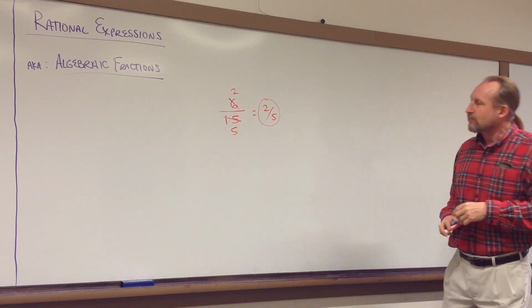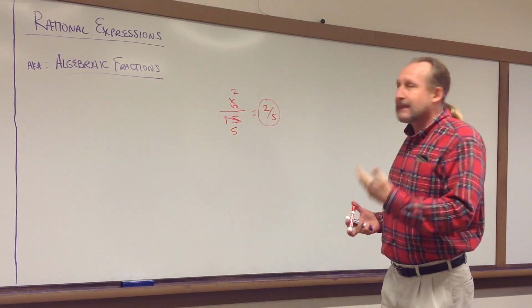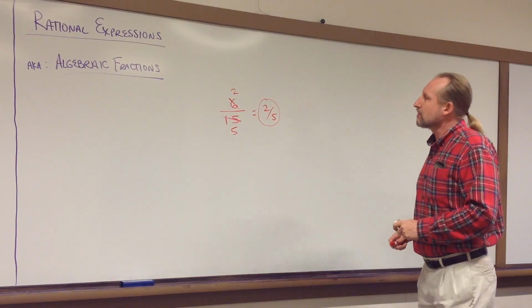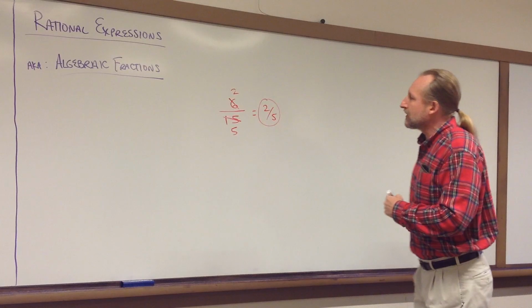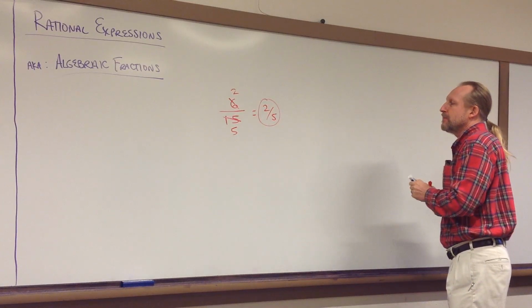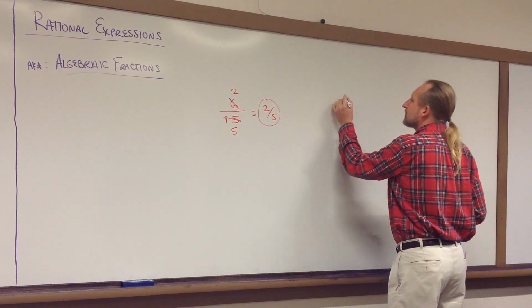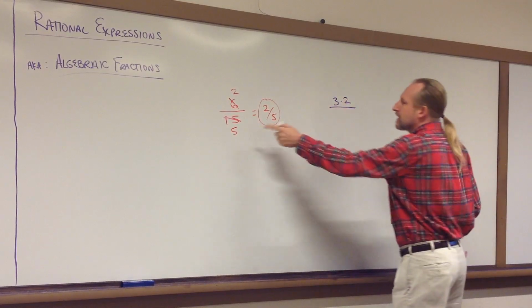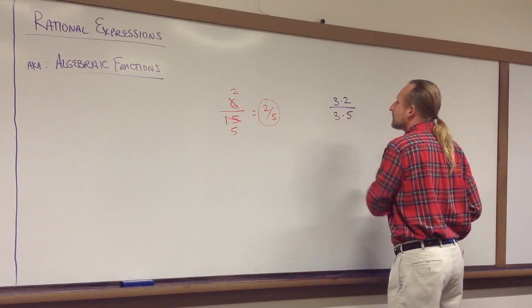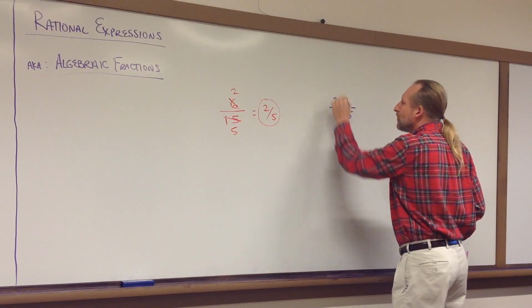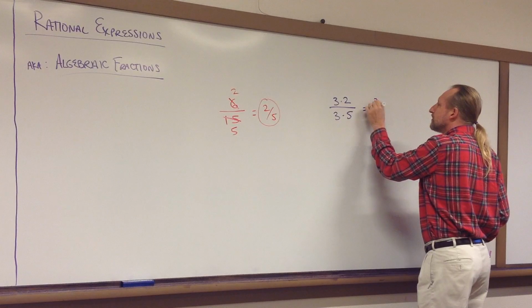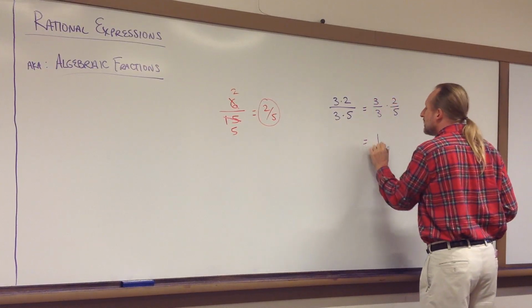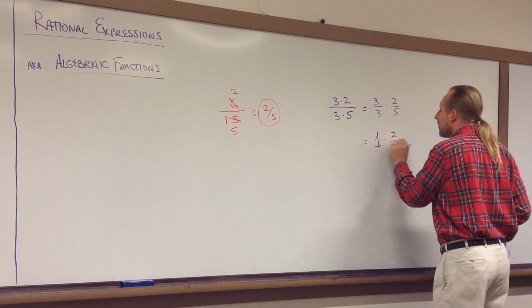Now, what I want us to do is to think about what actually is happening here when we do this, okay? Because what's actually happening here is that we factor the 6 as 3 times 2, and we factor the 15 as 3 times 5, and when we cancel these 3's, the reason why we cancel them out is because they make 1.